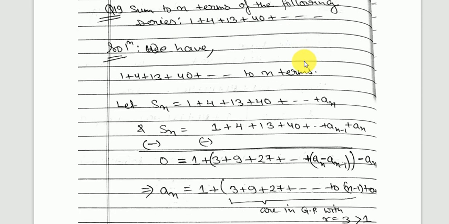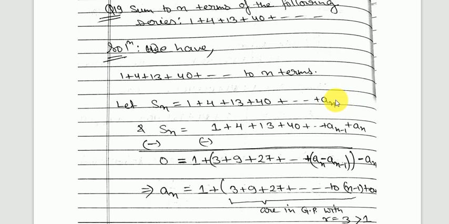We have 1 plus 4 plus 13 plus 40 plus and so on to n terms. When we add n terms of this series, how do we denote that sum? Yes, that sum is denoted by Sn. So we can write Sn equal to 1 plus 4 plus 13 plus 40 plus and so on plus an. Right now I don't know what an is equal to.